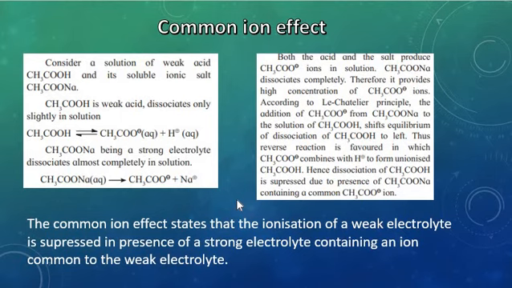So the common ion effect states that the ionization of a weak electrolyte is suppressed in the presence of a strong electrolyte containing one ion in common with the weak electrolyte. Here acetic acid ionization is suppressed by adding sodium acetate, which has the common acetate ion. Sodium acetate is a strong electrolyte, dissociating completely to give more acetate ions.